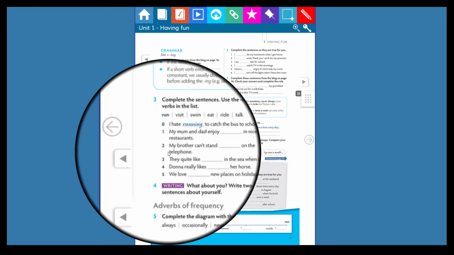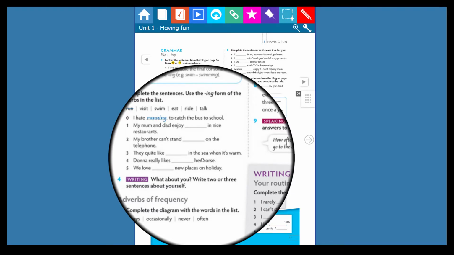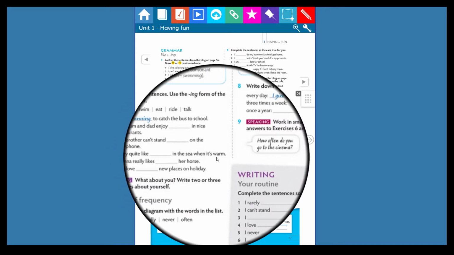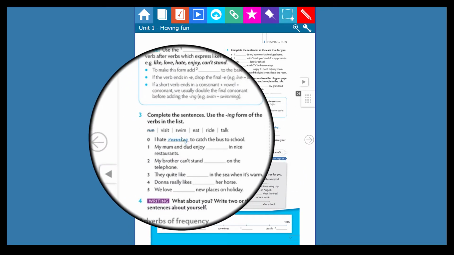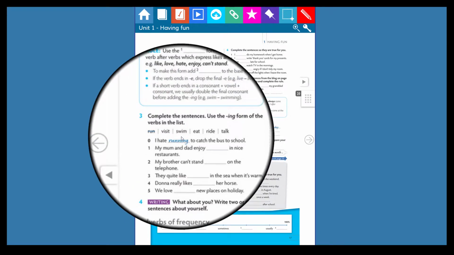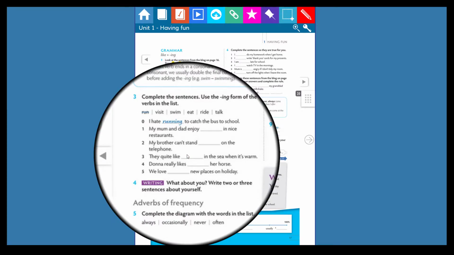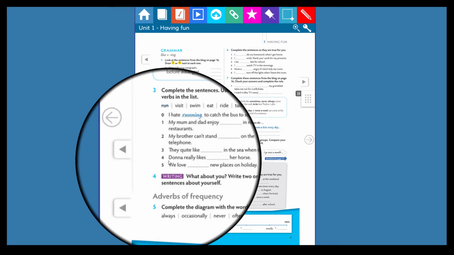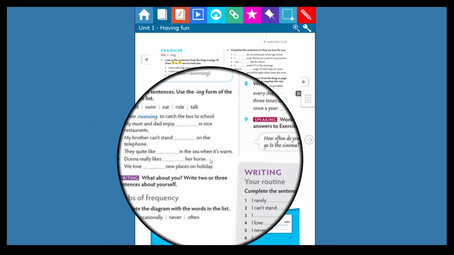Number three. They quite like in the sea when it's warm. What do you think? The correct verb is swimming. Very good. And in this case, you have to double the last letter, the letter M. Swimming with double M. Number four. Donna really likes her horse.